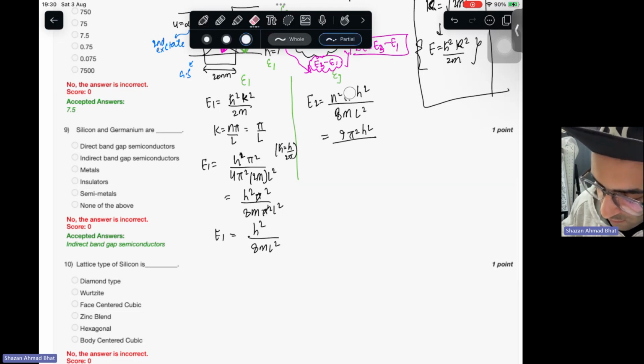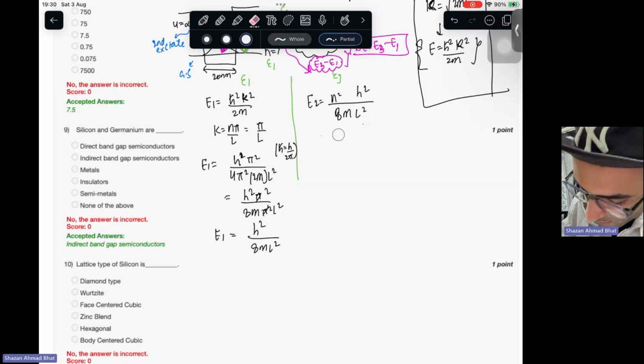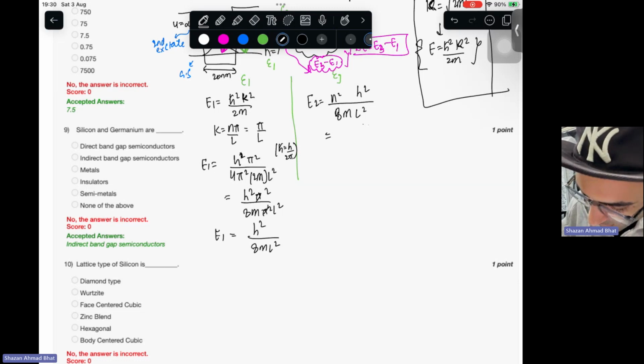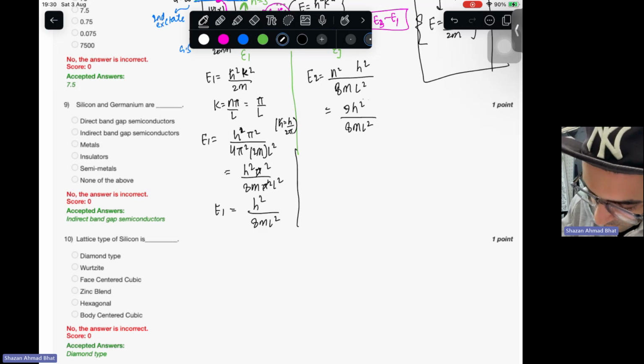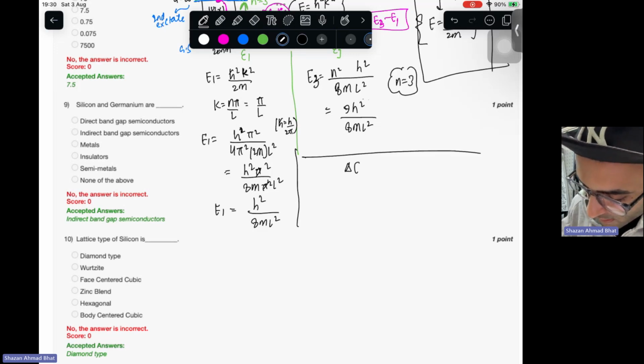Actually, the pi cancels out, so you are not left with the pi. You get 9 h square divided by 8m L square. All right, so now this is E3, sorry, where n is equivalent to 3. Now you will compute delta E, which is E3 minus E1.